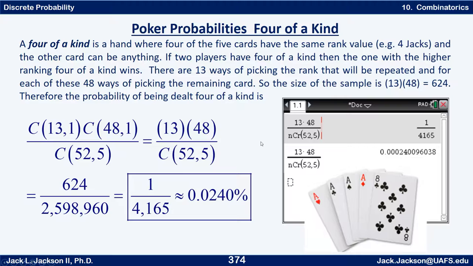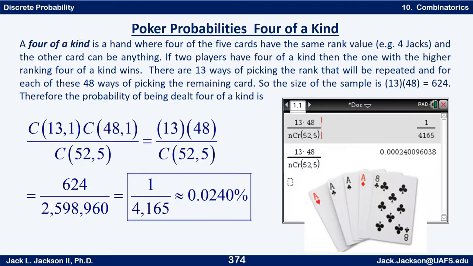All right, the first one we're going to look at is 4 of a kind. 4 of a kind is a hand where 4 of the 5 cards have the same rank value, or pip value. For example, 4 jacks, or as pictured here, 4 aces. And the other card can be anything else. Obviously, you can't have a 5 of a kind, at least not without some kind of wild cards being used. So how can we count this? Well, there are 13 ways of picking the rank.